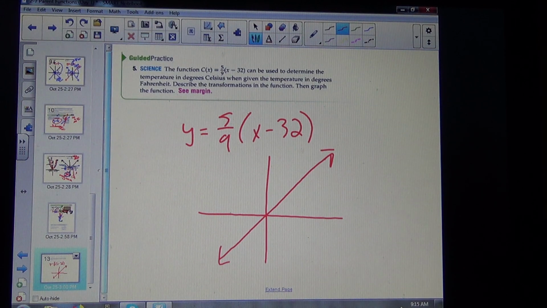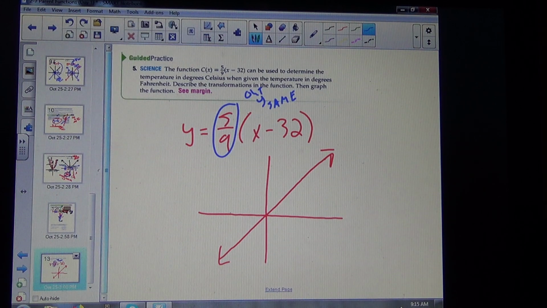So then after my original function, there's 2 things happening. The first thing I'm going to deal with is the 5/9. So if 5/9 is on the outside, it's the y values and it's the same operation. Okay, and if it's on the inside, it is the opposite, but this is on the outside.